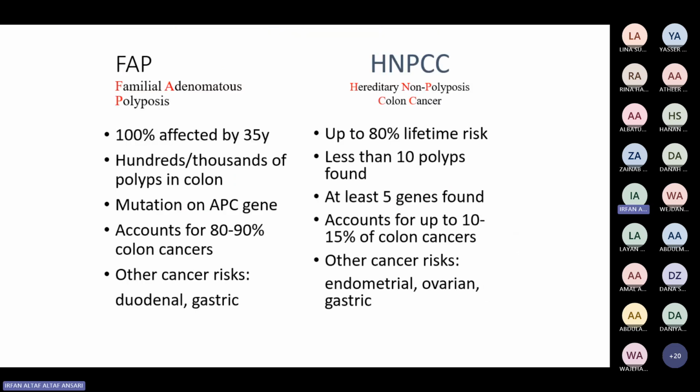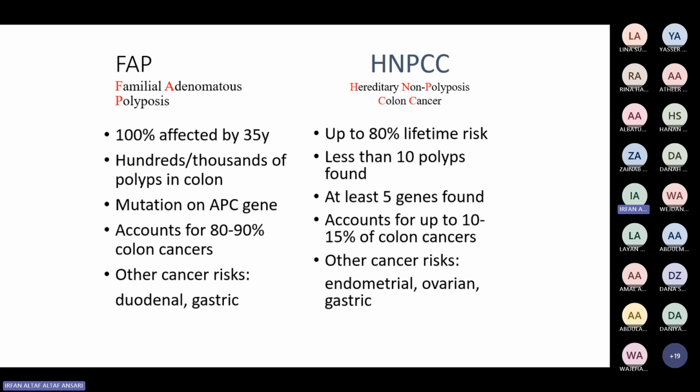So the difference between familial adenomatous polyposis and HNPCC: here, 100% are affected by 35 years. There are hundreds and thousands of polyps in the colon. Mutation in the APC gene accounts for 80 to 90% of colon cancer. Other cancer risks are duodenal and gastric.